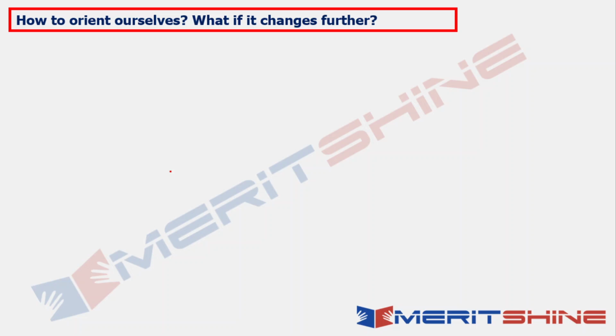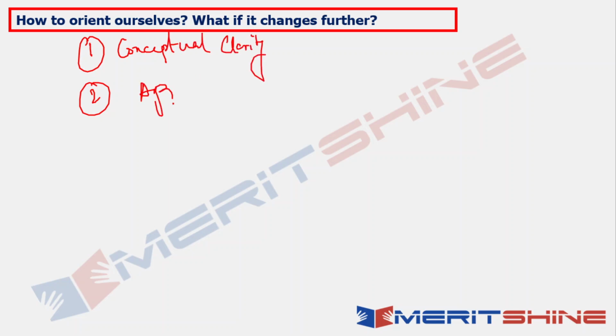But let us look back at the changes that have happened and understand why they happened. These changes happened due to two major reasons. First, they want to see conceptual clarity, and they want to see application skills. In both conceptual clarity and application skill, descriptive plays an important role.